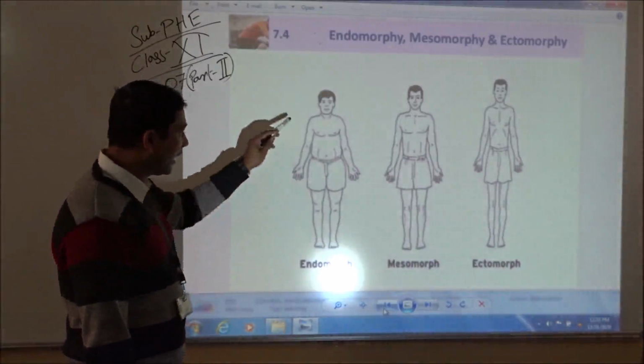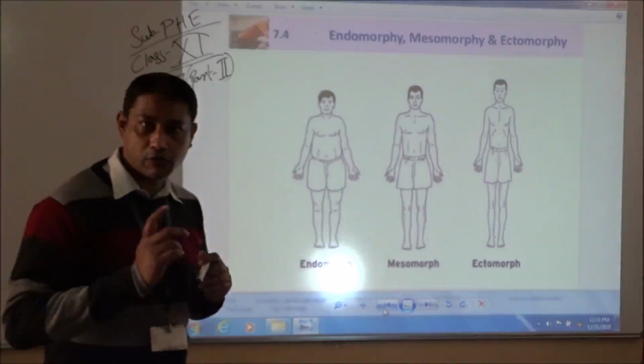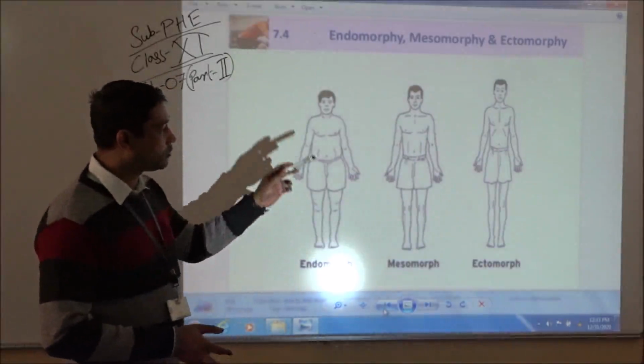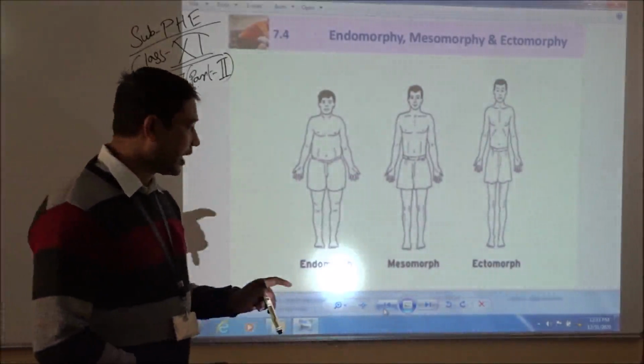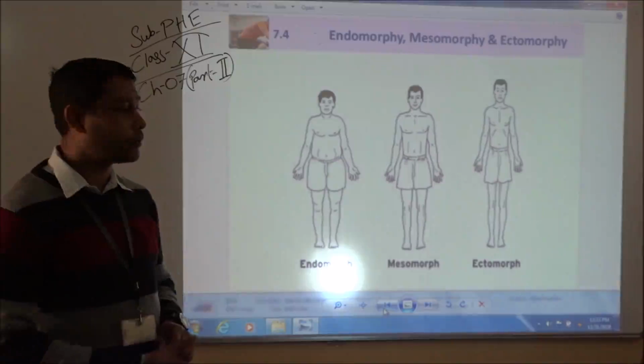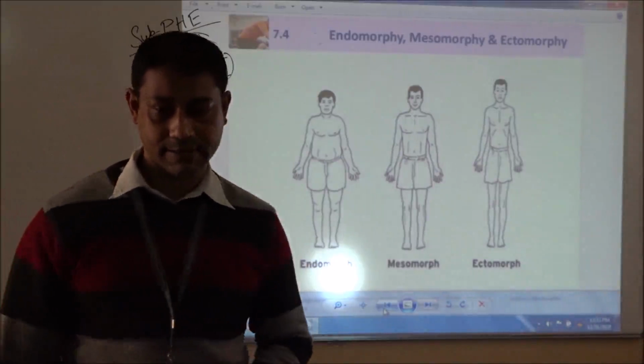You can see endomorphs are pear shaped, round shaped you can also call them. Mesomorphs are the muscular ones, and ectomorphs, on my extreme right hand side, are the lean and thin individuals.